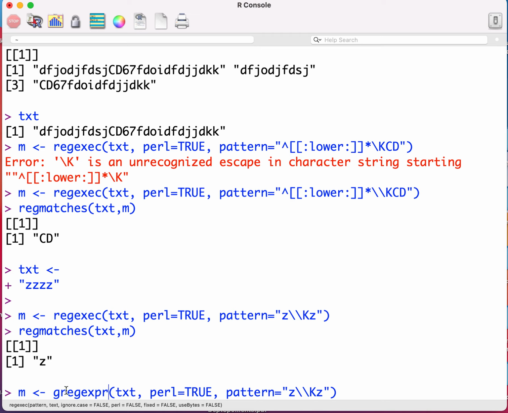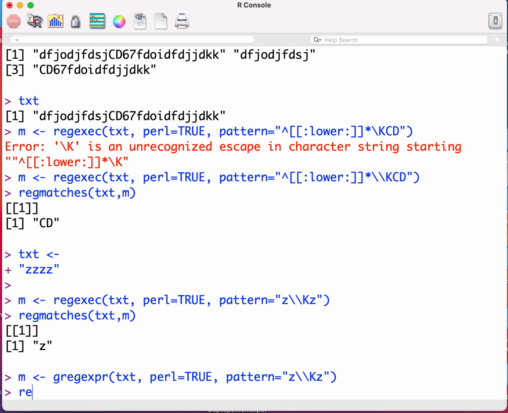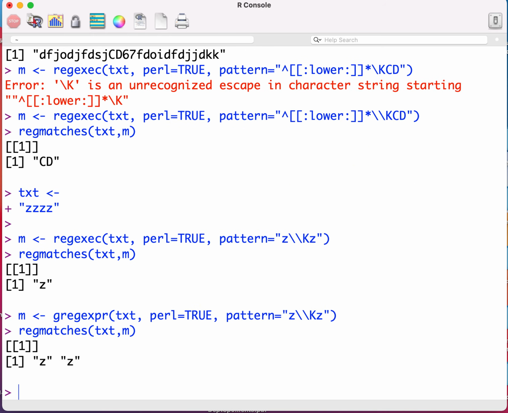This one, g, is usually a sign, like sub versus gsub. It's going to look for multiple matches. It's going to keep going through until it gets multiple strings. Okay, well, it got two. Huh. Well, let's see what happens if I use the other one.